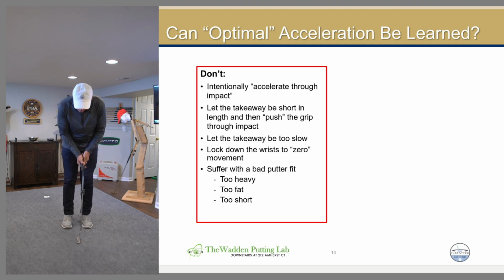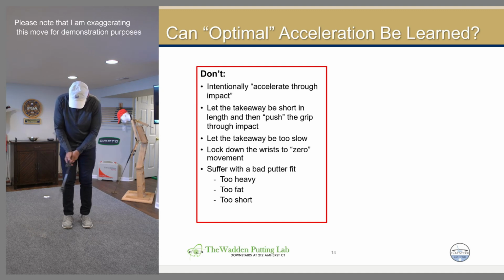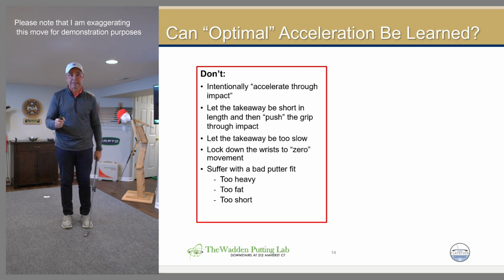Third, locking down the wrists. Remember that little girl leg kick? If the wrists are locked down, we don't have the rhythm and the little girl leg kick coming from the slight bend in the elbows and the wrists. You need a little bit of that in the swing.